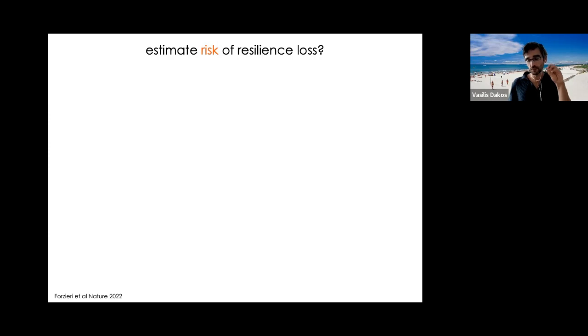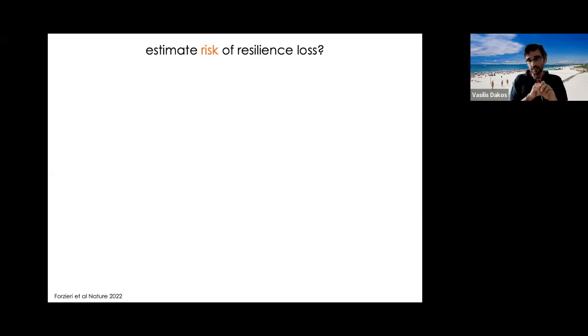So we could find out where in forest patches we have an abrupt decline, and the year before that abrupt decline, we had estimated a value of autocorrelation, a value of resilience.